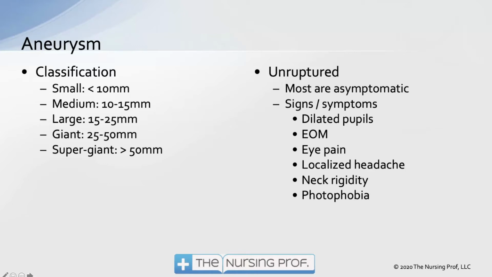Aneurysms can be classified as being small, medium, large, giant, or supergiant. Kind of wonder why they came up with that classification scale. You know, somebody started measuring them, and then they found bigger ones and bigger ones, that they came up with giant and supergiant. Anyway, so we have classifications of different size of aneurysm.